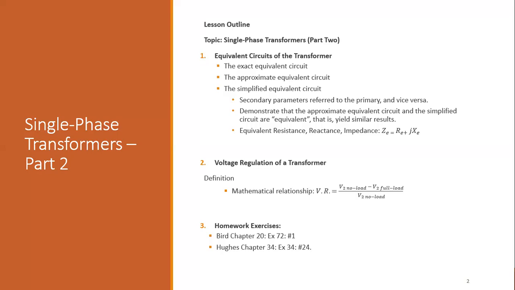So we'll be looking at those, and then we'll be doing some calculations, not very difficult. Later on, we'll get into voltage regulation, and then there are a couple exercises for you to do in class and some for homework.